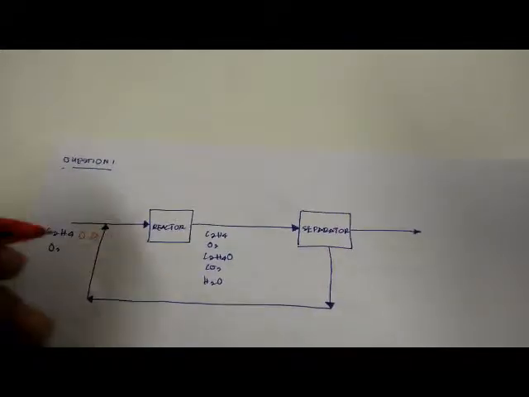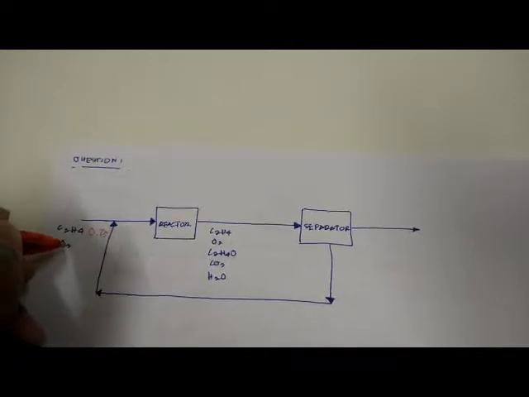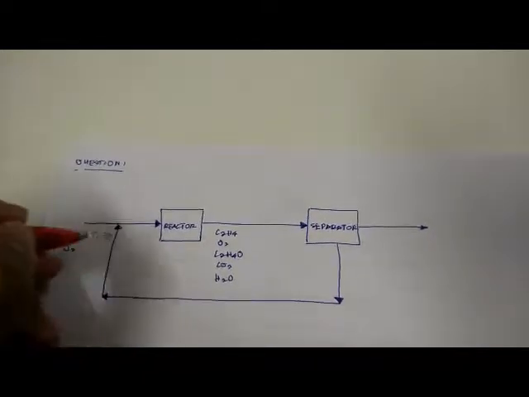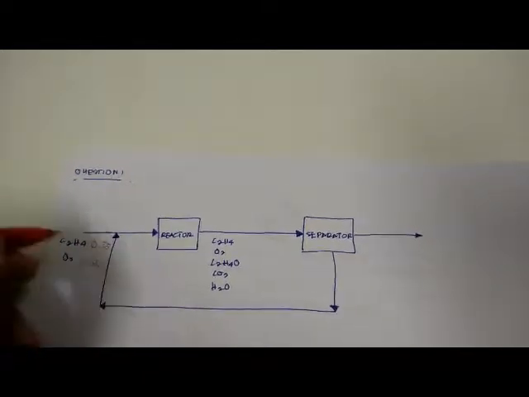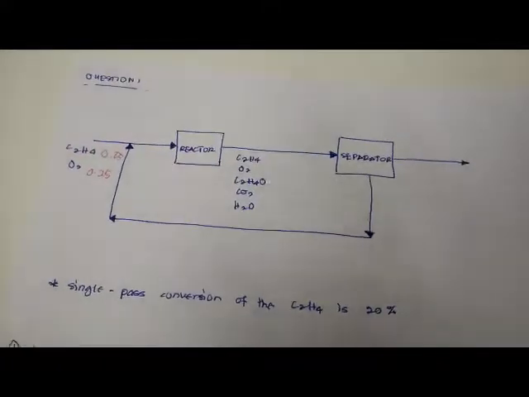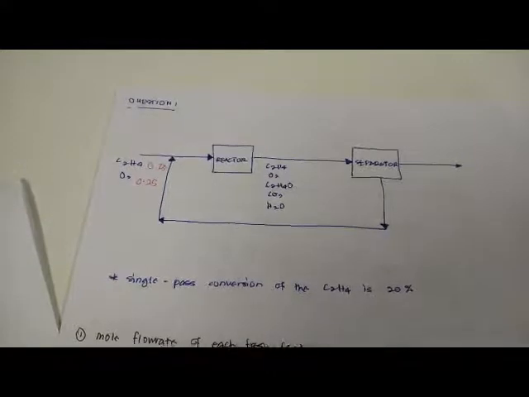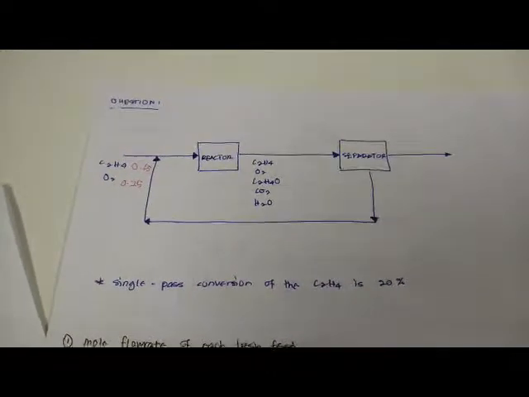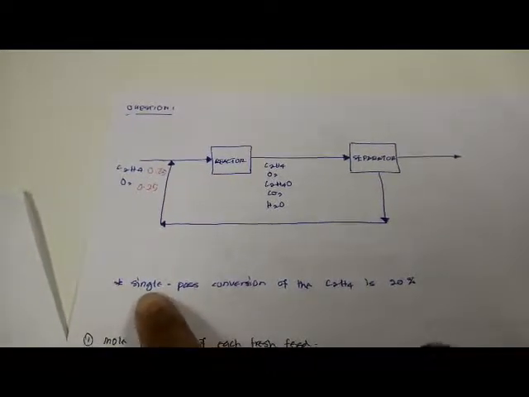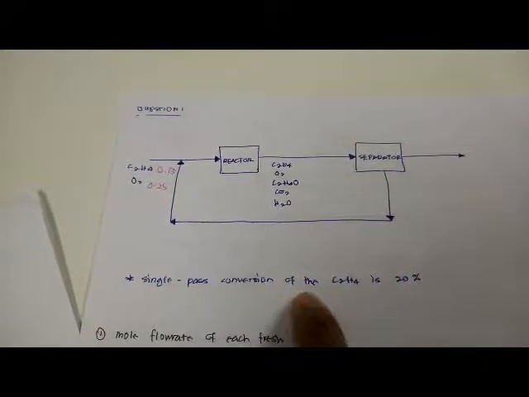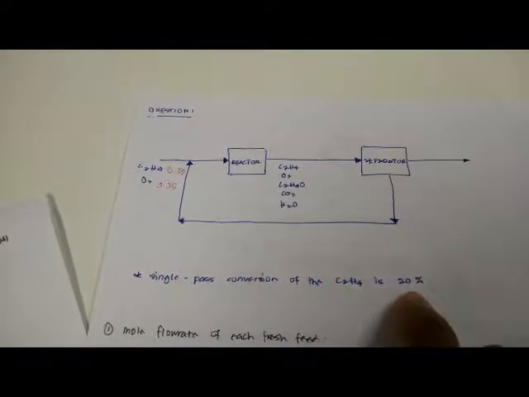So it means for oxygen is 0.25. And after that we get the clue, which is a single pass conversion of the ethylene is 20%.